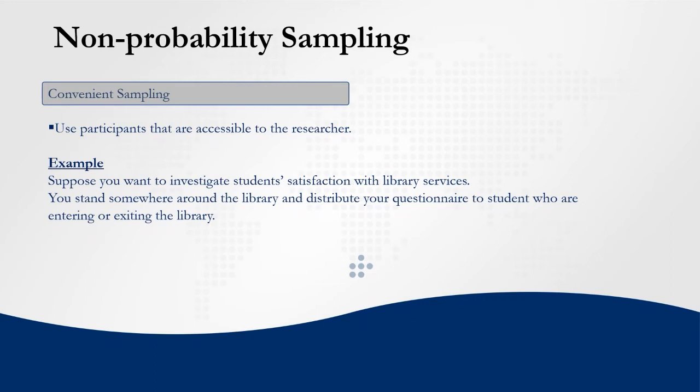Is there anything wrong with the approach of sourcing the students from the library or around the library area? Would this be the best approach, or what can this approach introduce?